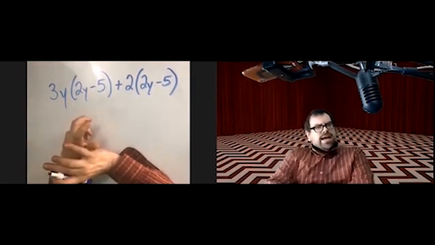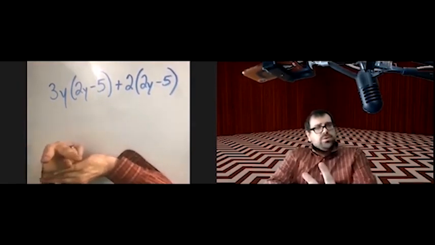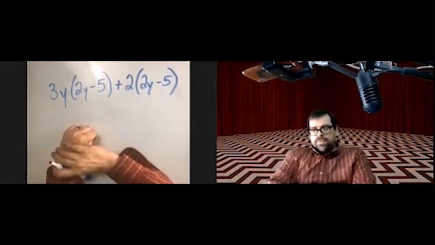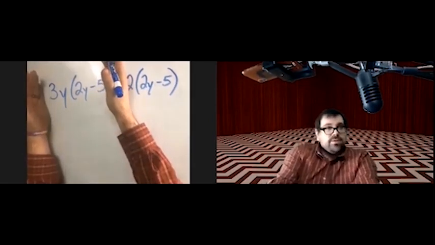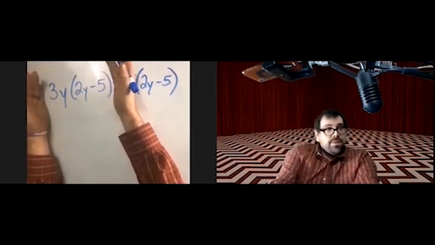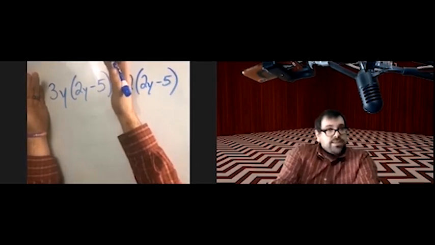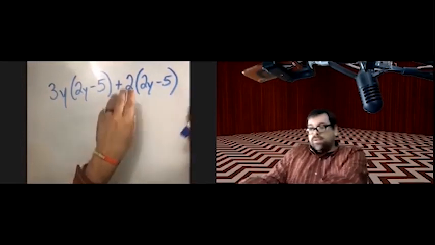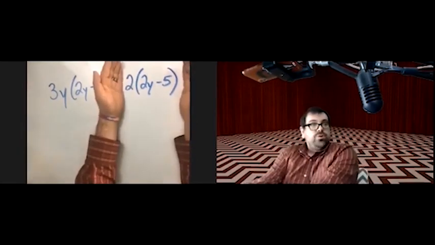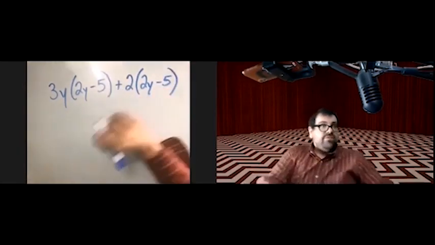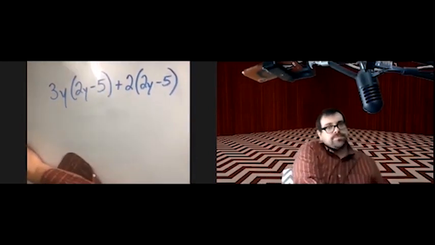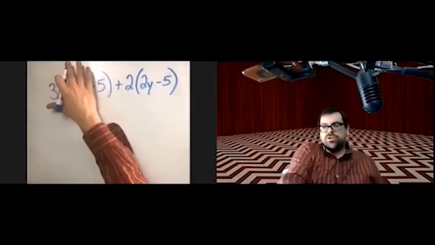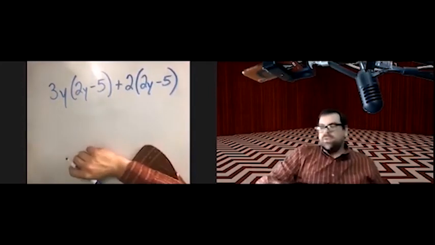How many terms do we have here? It's only 2. This 3y times 2y minus 5, it's 2 things multiplied together. We are taking that and we are adding this thing, 2 times 2y minus 5. 1 term, 2 terms.